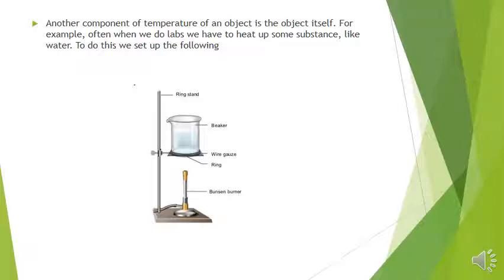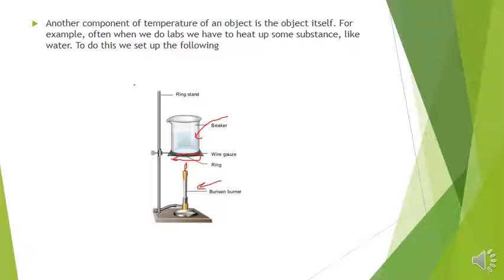Another component of temperature of an object is the object itself. For example, often when we do labs, we have to heat up some substance like water, and to do this we set up the following. So I have a Bunsen burner here, I have a ring stand, and I put a beaker and I put water in it, and then I light it.